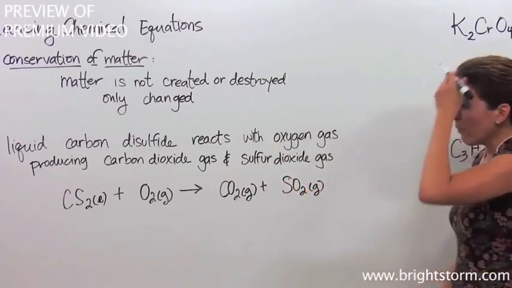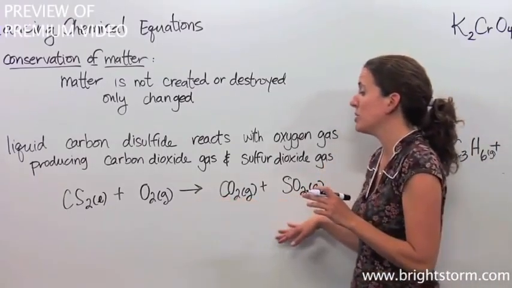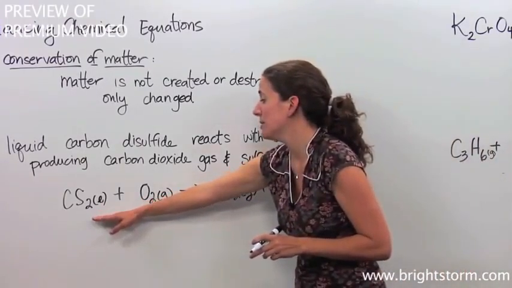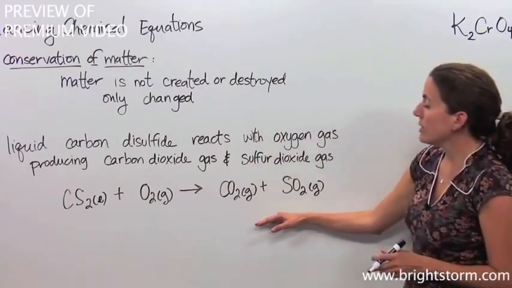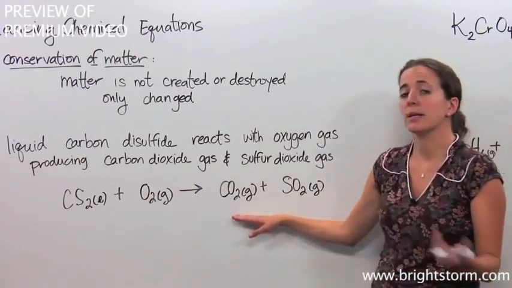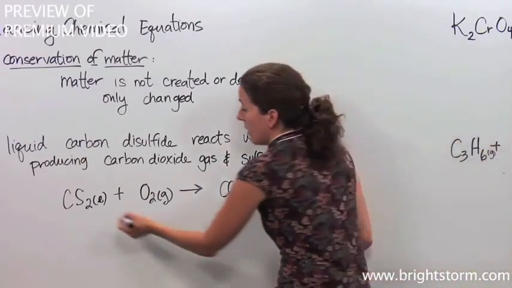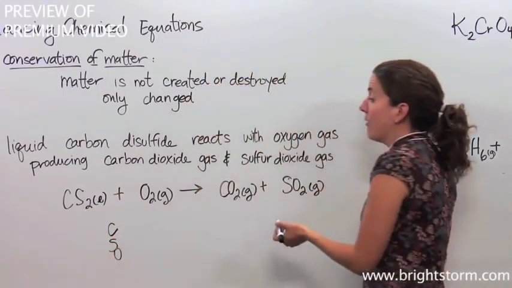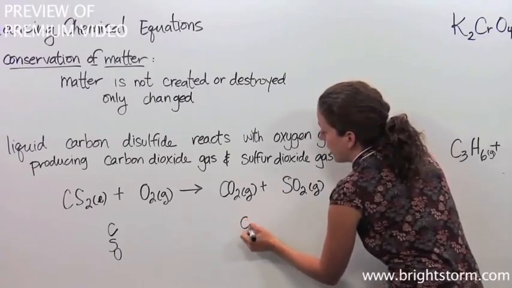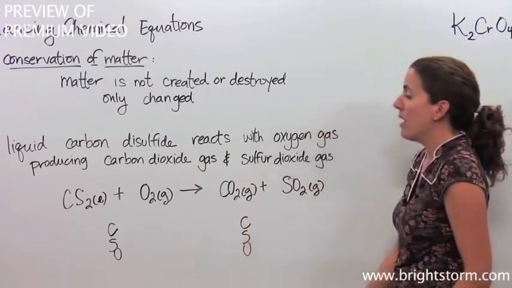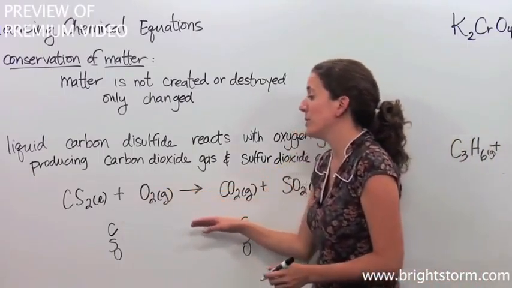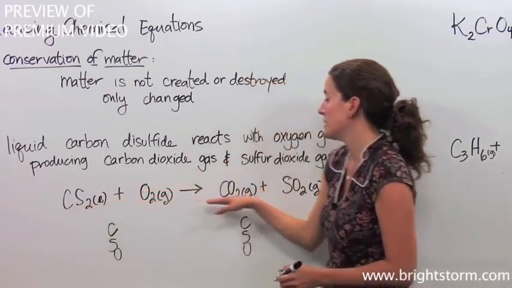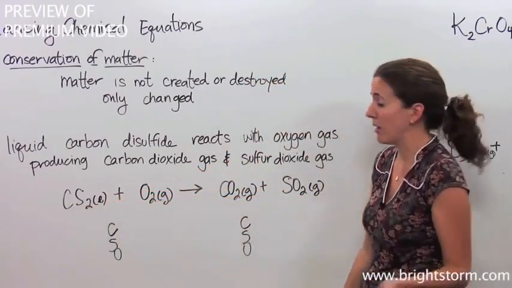Okay, great. But we want to make sure when we're dealing with chemical equations that the number of elements that you have on the reactant side equals the number of elements you have on the product side. So let's go ahead and check that. We have carbon, sulfur, and oxygen here, which means we should have strictly carbon, sulfur, and oxygen on the product side. And we want to make sure that we do not change the actual molecules themselves. We only change the number of molecules that we have.